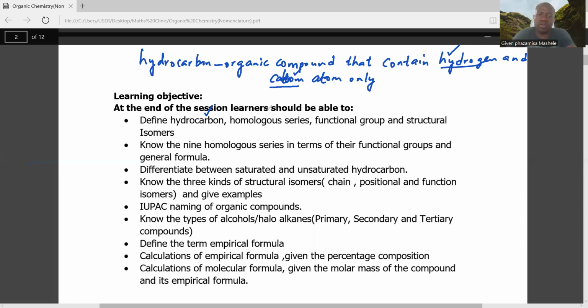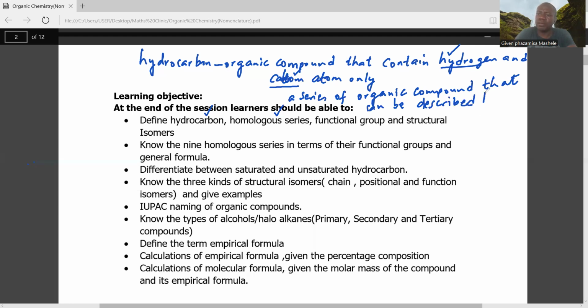And also you need to be able to know what a homologous series is. A homologous series is a series of organic compounds that can be described by the same general formula.